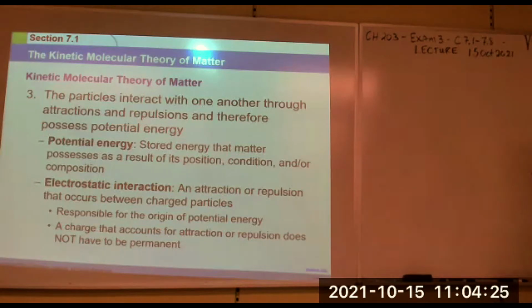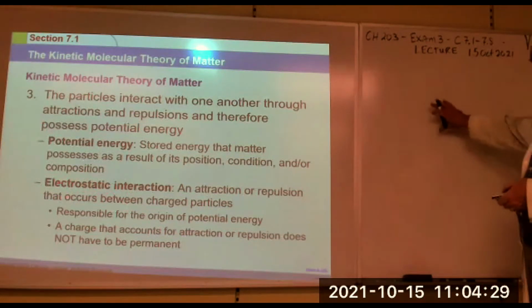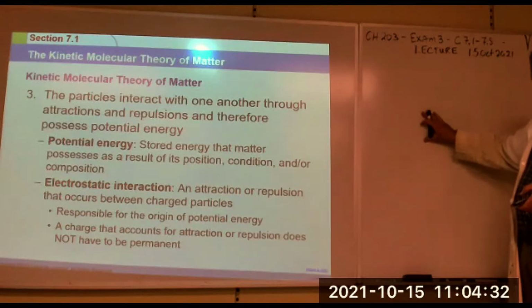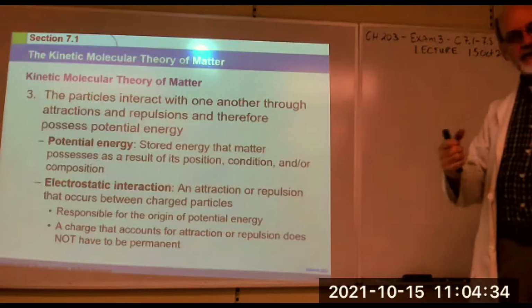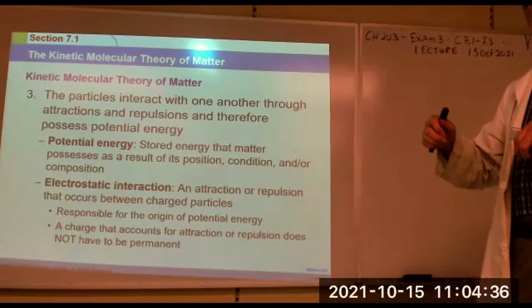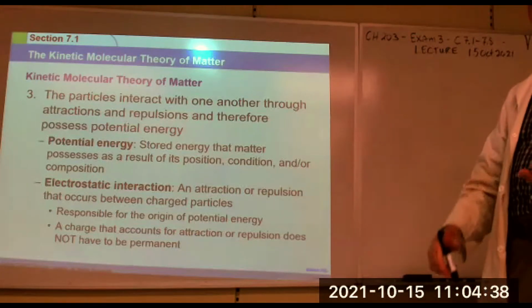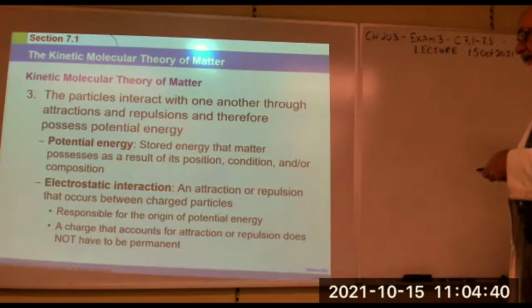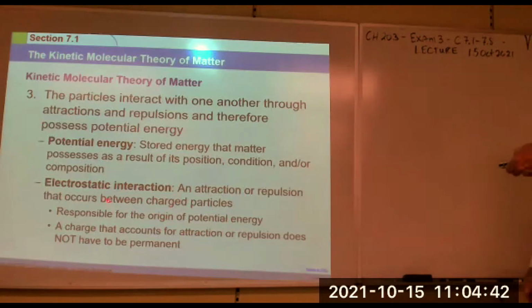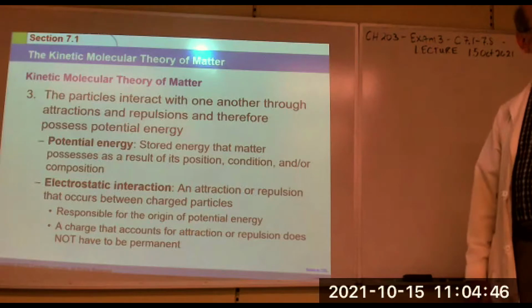Now that can occur in terms of electrostatics, like I mentioned here with the water molecules, either positives repelling or negatives repelling, or positives and negatives attracting each other. And this doesn't have to be charged particles. It can be partial charges.